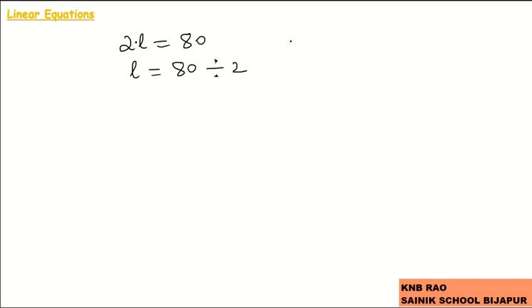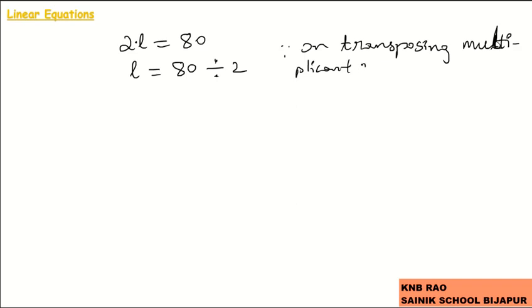Here 2 is multiplying, on transposing multiplicand from LHS to RHS, it becomes the divisor.